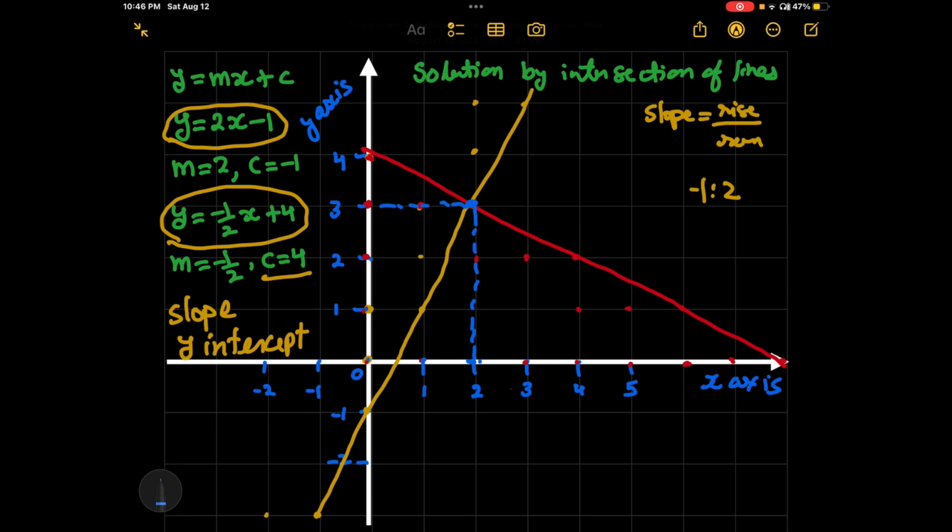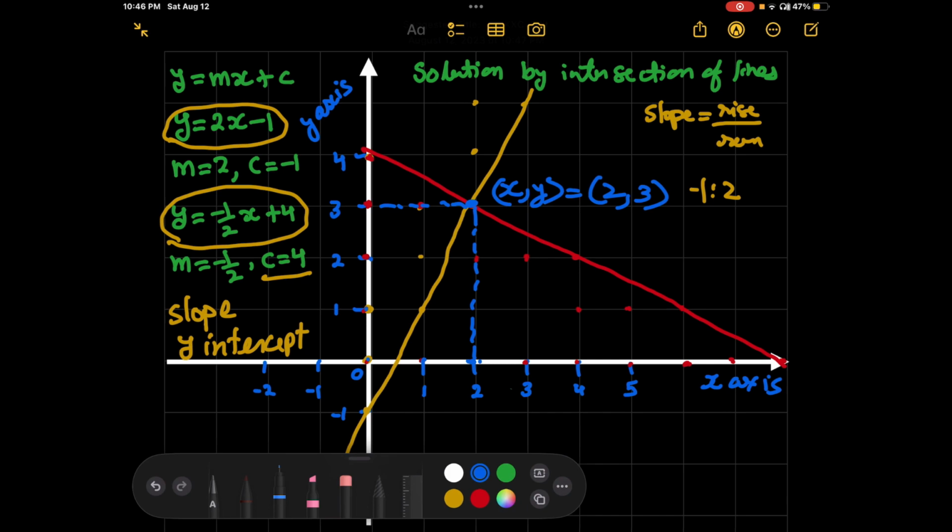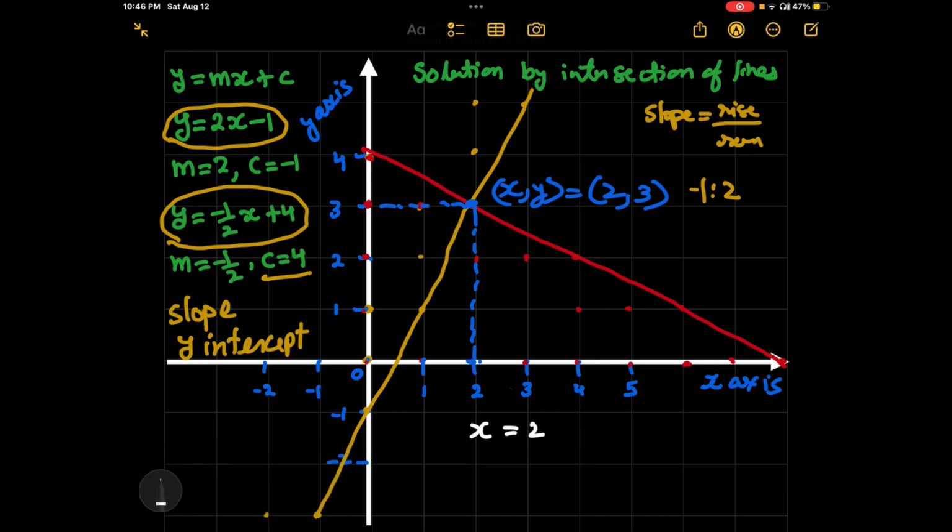As is the convention, we write the coordinates as x, y is equal to 2, comma 3. Those are the coordinates, and therefore this is the solution: x is equal to 2 and y is equal to 3. That is how a graphical solution is found when we find it by intersection of lines.